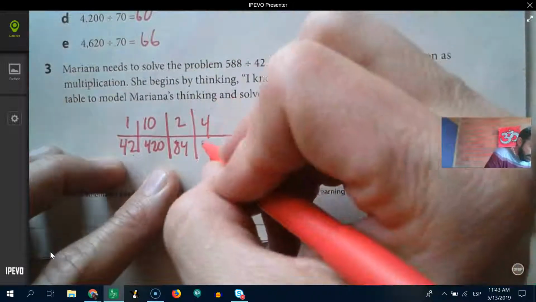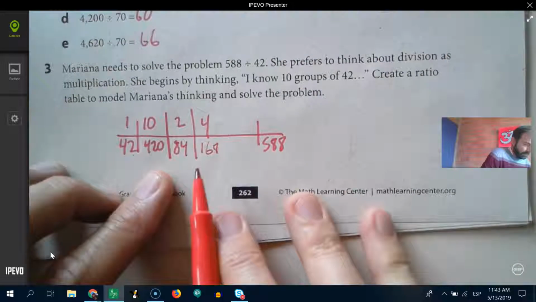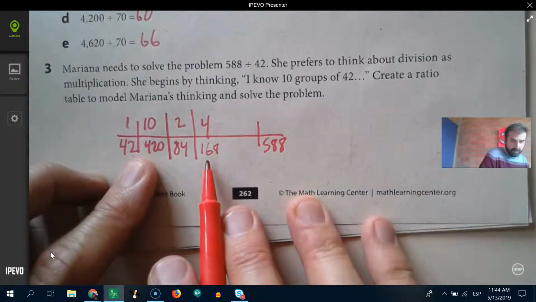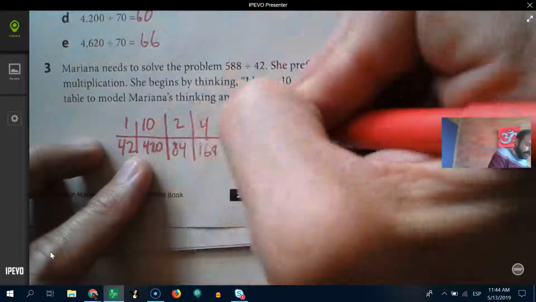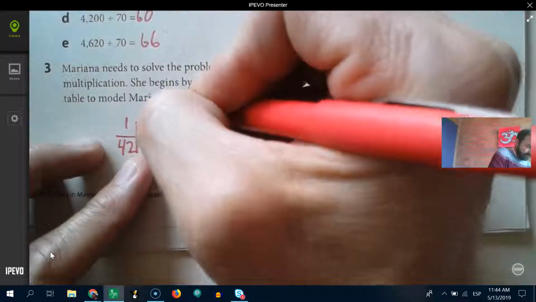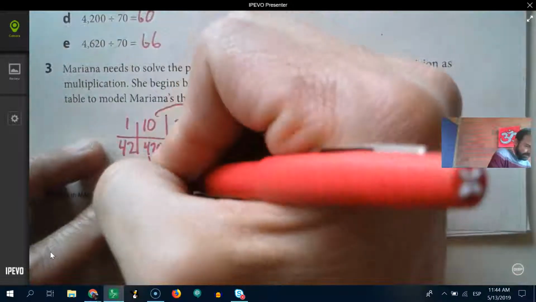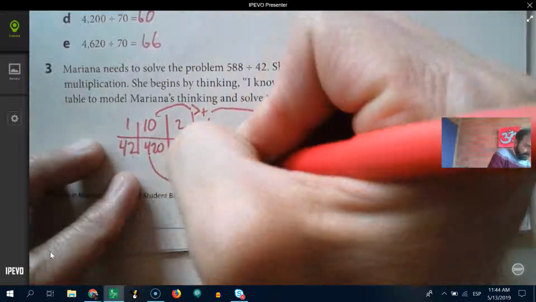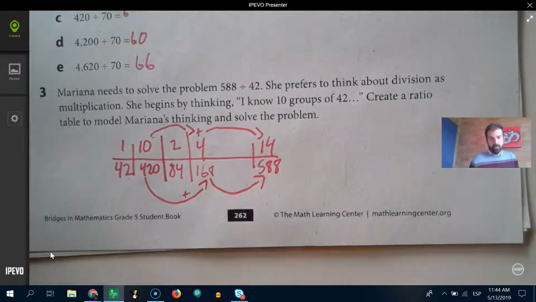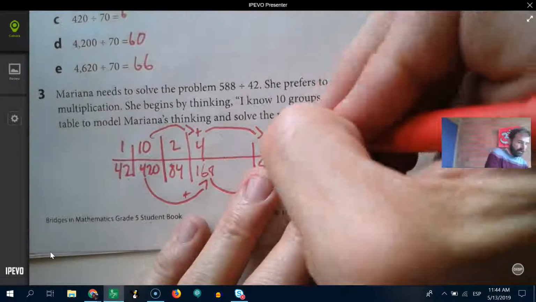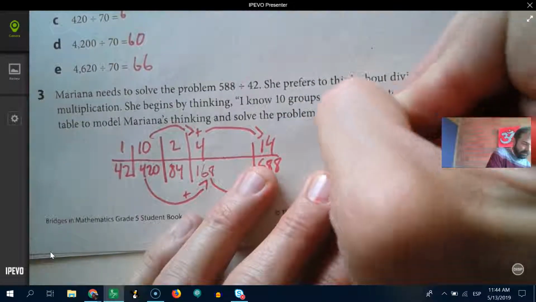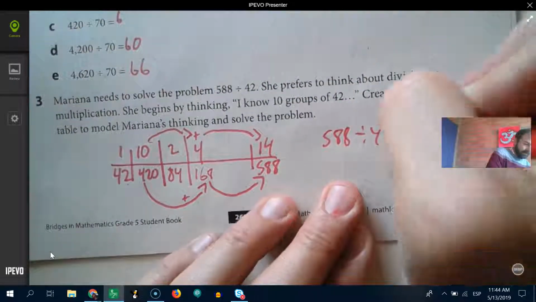So that's 168, right? And then 420 plus 168 is going to give me 588. So 14 sets. So I could actually write 588 divided by 42 gives me 14.